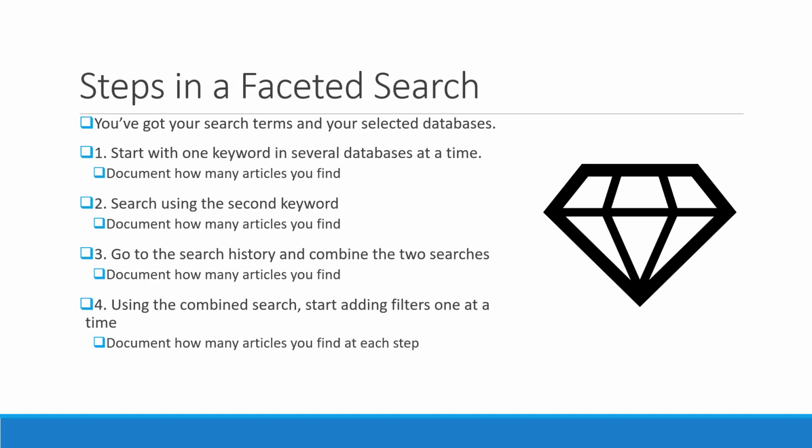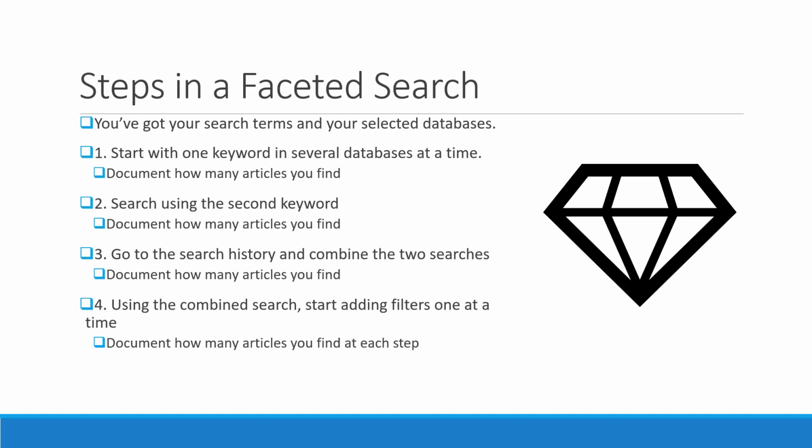So now, with a faceted search, you're going to use one keyword. You can use several databases at a time or just one database at a time. One keyword, one search. Then you use the second keyword, not combining it yet, but second keyword, one search. Then you go to the search history, which you can find on the left under recent, and you're going to combine the two searches.